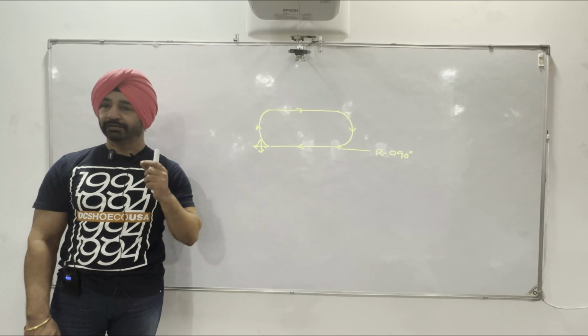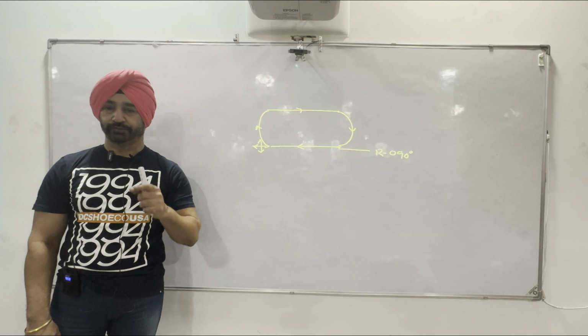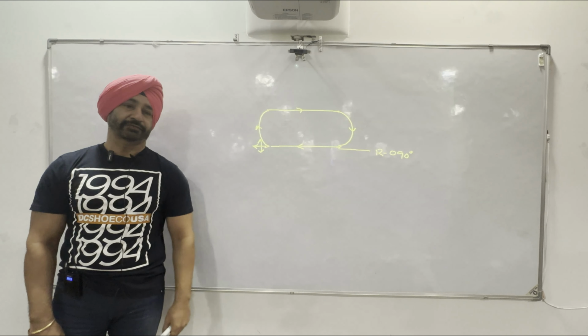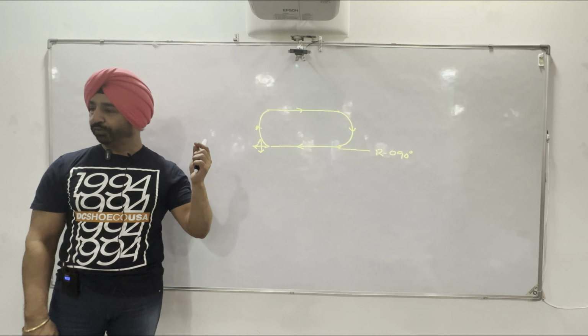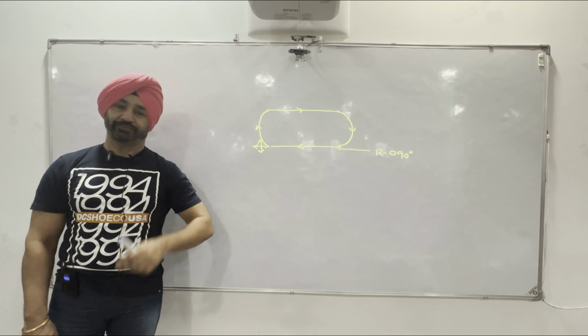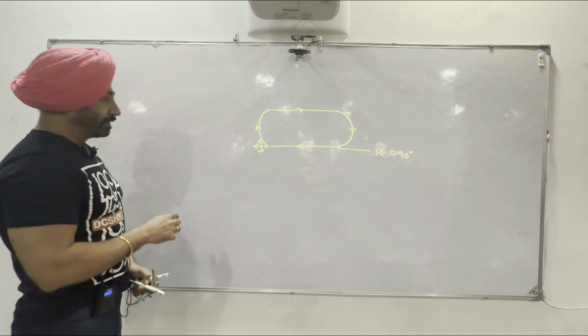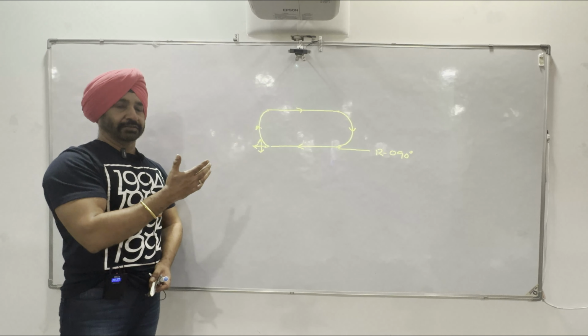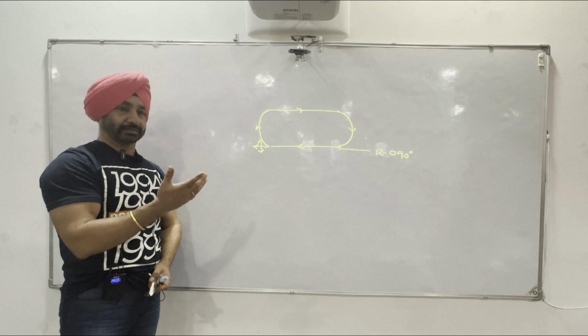So the best way, whenever you are confused, wherever the turn involved is less, that is the entry, blindly, without even thinking. When you draw it, it looks more complicated, but practically it is really fun.